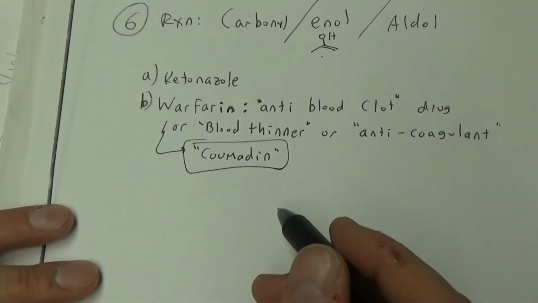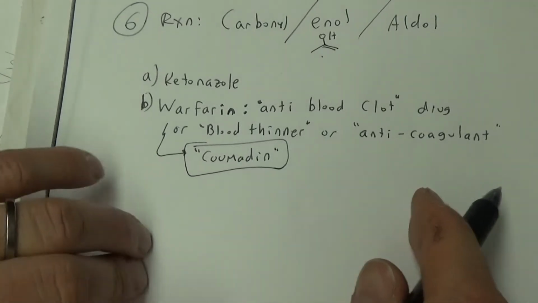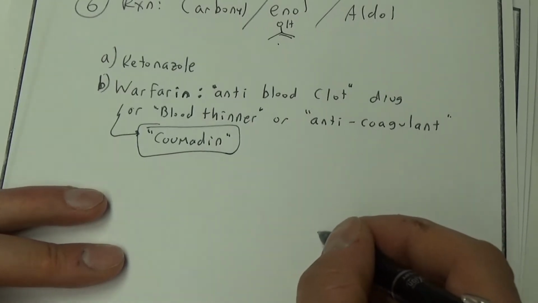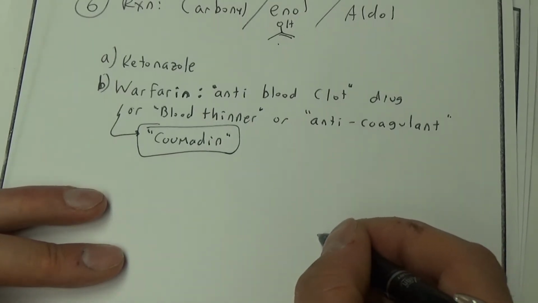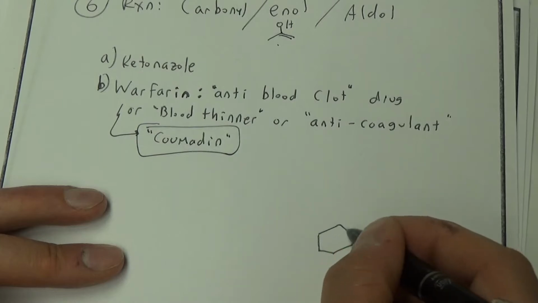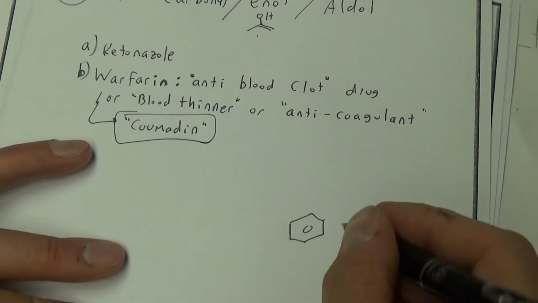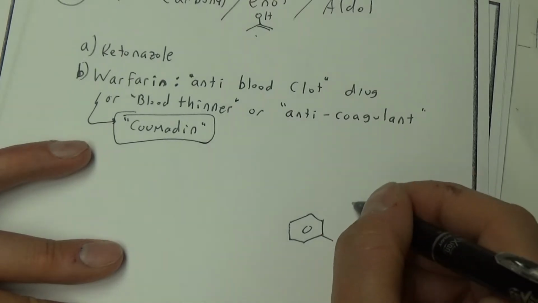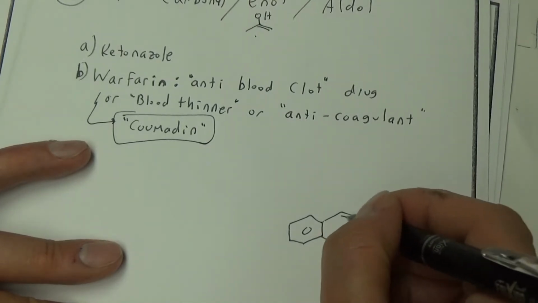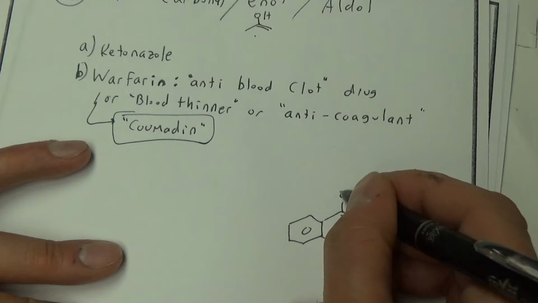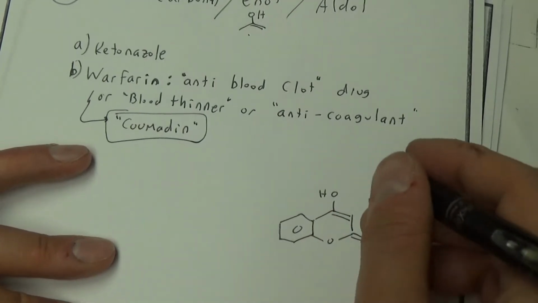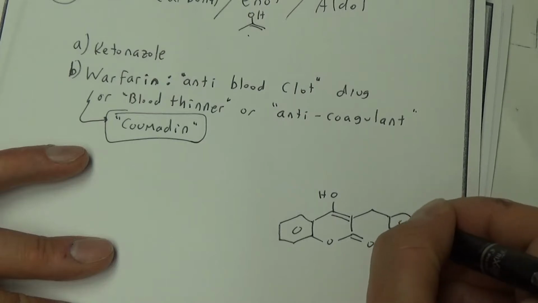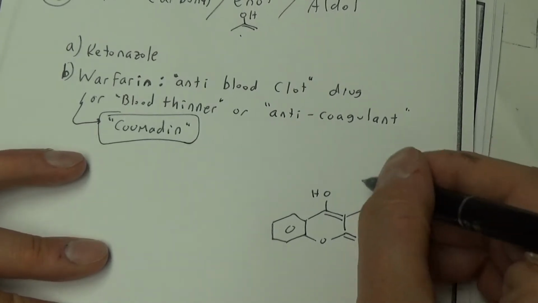All right, so warfarin, I'm going to just draw it down here on the right. It is benzene and oxygen, OH, and then another little benzene over here, and a ketone.